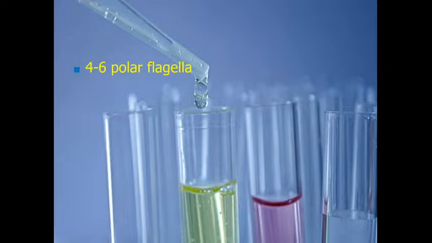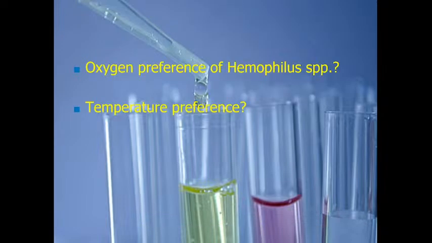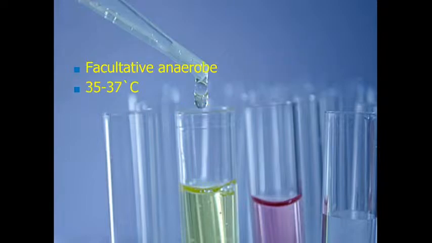Now, let's move on to Haemophilus. I mentioned Haemophilus in our previous discussion, but let's start with the oxygen preference of Haemophilus species. These are facultative anaerobes, and they grow at a temperature range of 35 to 37 degrees Celsius.